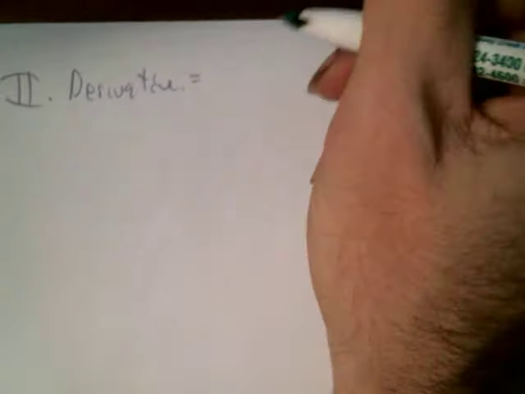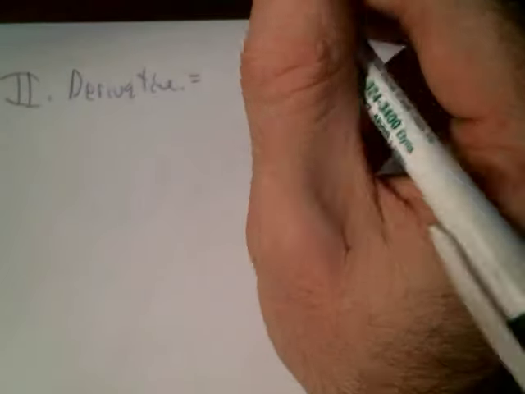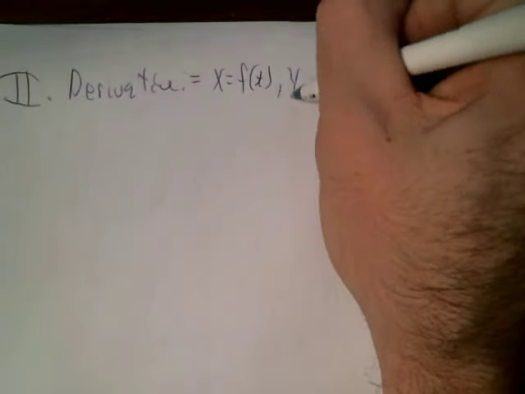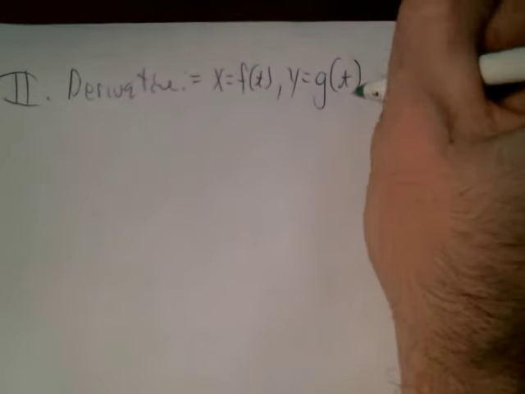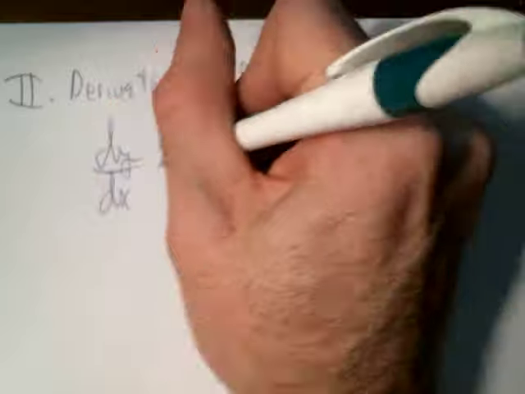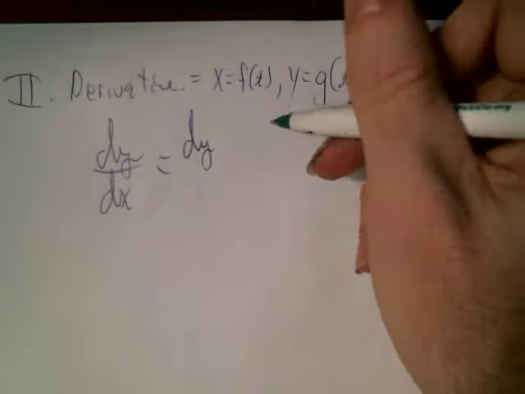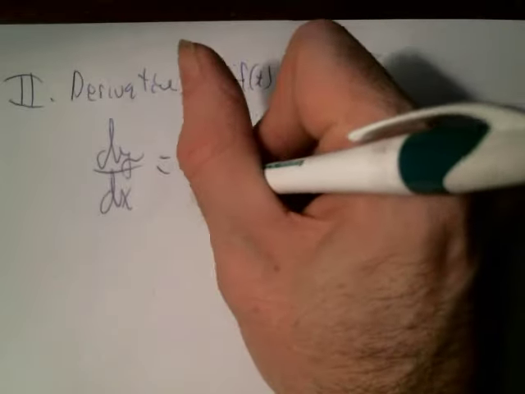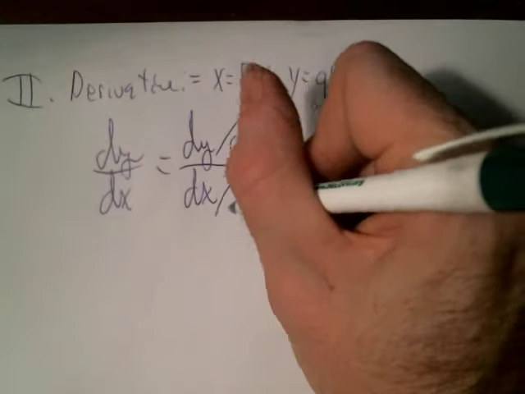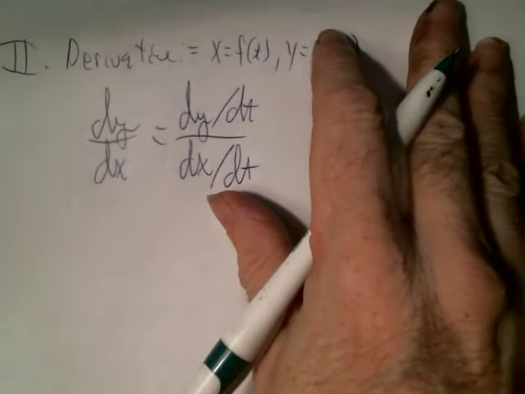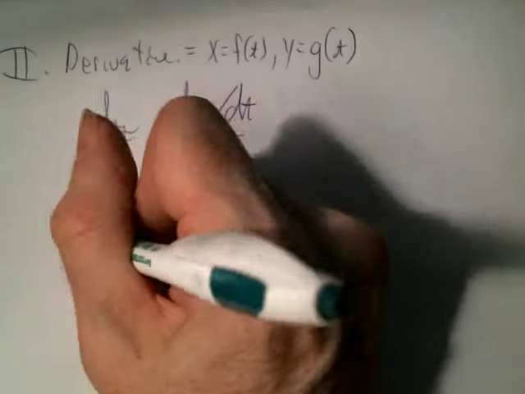So we need smoothness to apply, and if our parametric equations are x equals f of t and y equals g of t, the derivative of y with respect to x will just be the derivative of the y component function with respect to t divided by the derivative of the x component function with respect to t. Okay. So we could do this for the cycloid.